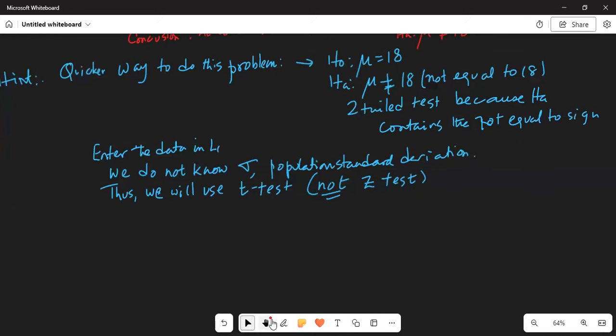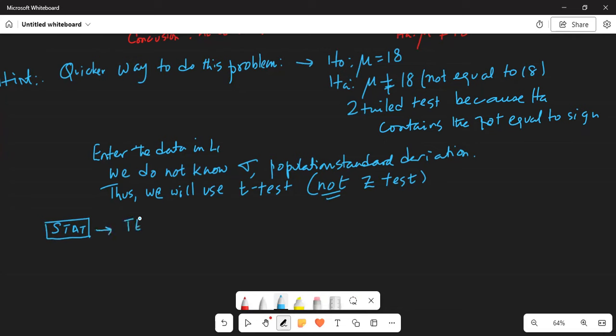So, press the stat button. Then highlight, which means move the cursor to TESTS on the top row.